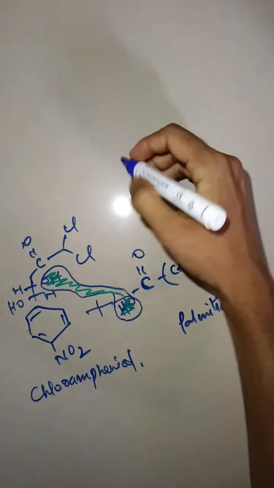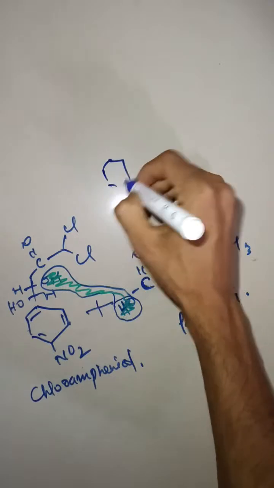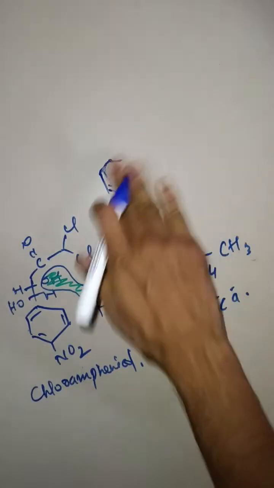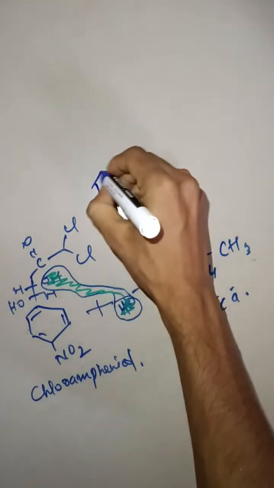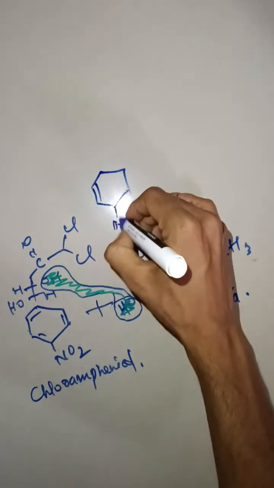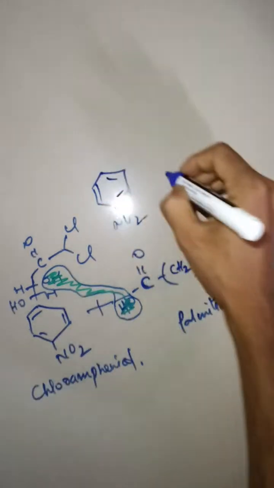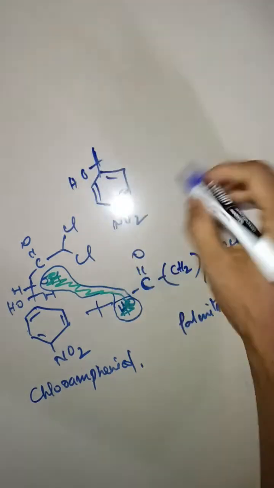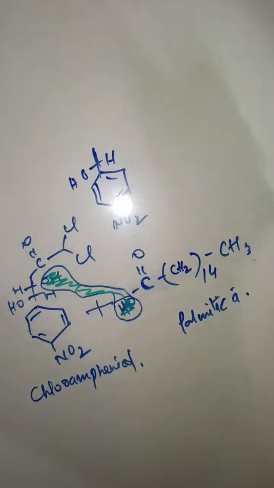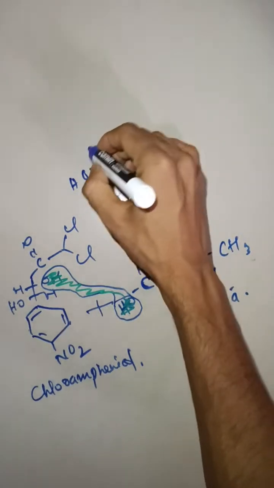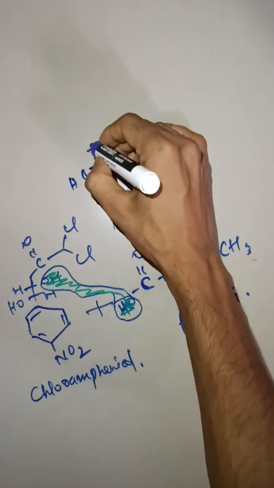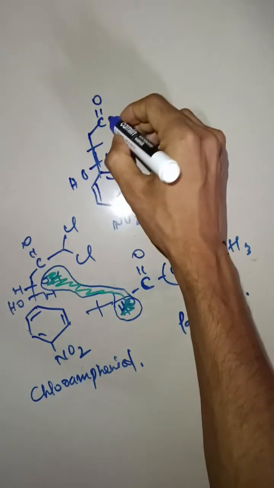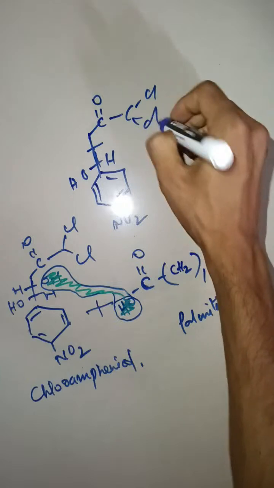One benzene with NO2, along with that one OH here and one H here, another carbon here, one C double bond O, and carbon with 2 chlorine.